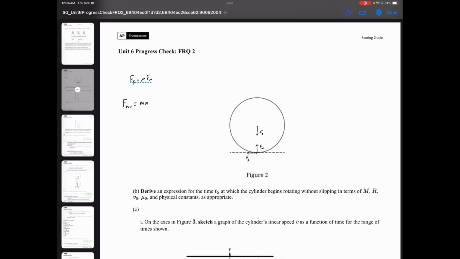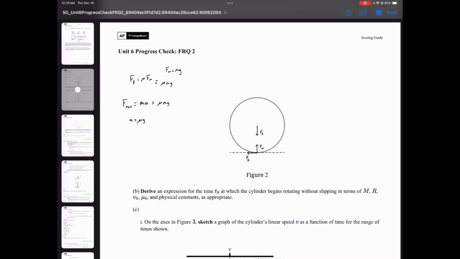I know that the normal force has to equal the weight of the cylinder, so I can rewrite the force of friction as mu times mg. So the net force is equal to mu mg. The m's cancel out, and the acceleration that the cylinder experiences is going to equal mu times g.